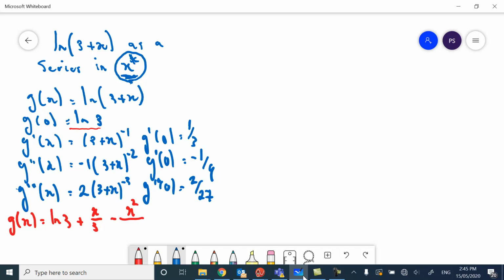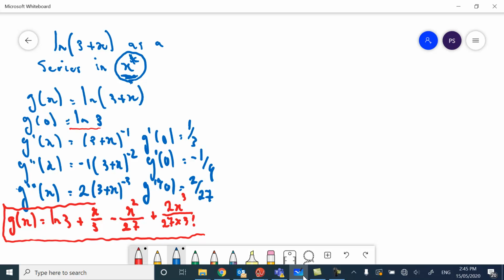So 2 factorial is going to give me 18, isn't it? And then plus, this one will be 2x cubed on 27 times 3 factorial, and I think that gives me x cubed on 81. So there's my series expansion.